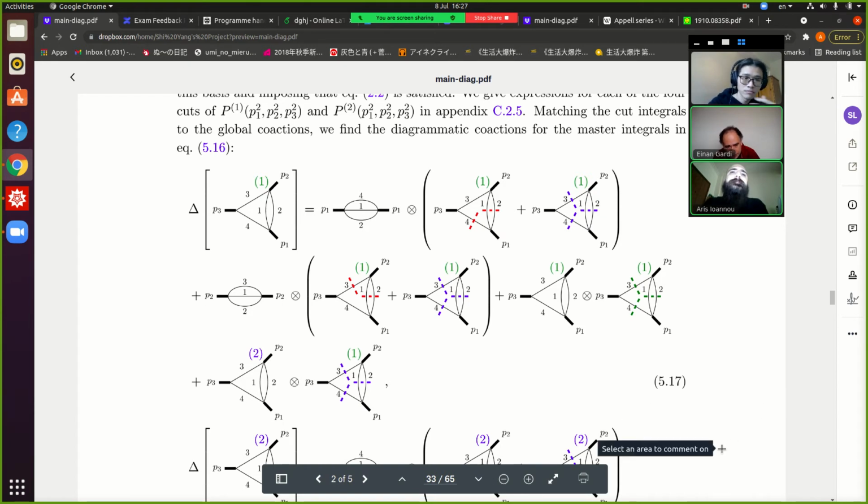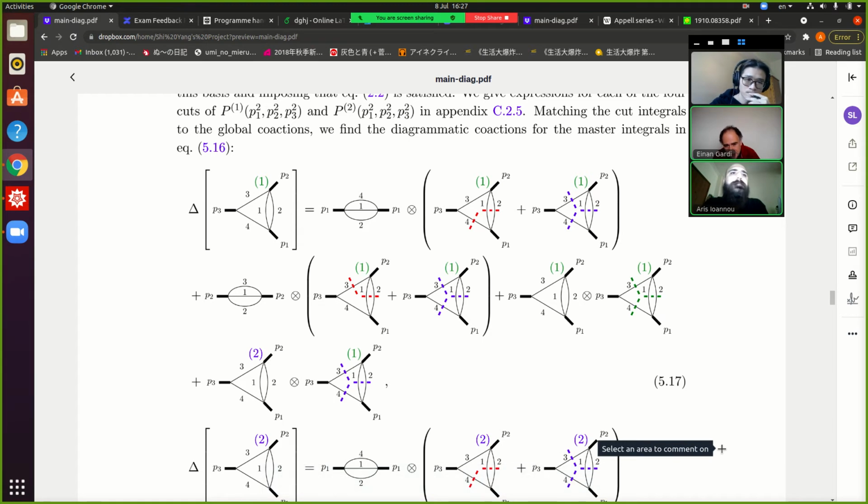And then there is the function itself, the last term in the second line, the original integral we started from. It appears on the left entry, and the final thing that appears in the left entry is the other integral, which is also a master integral of the same top topology.